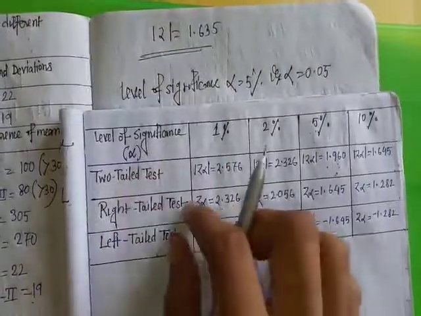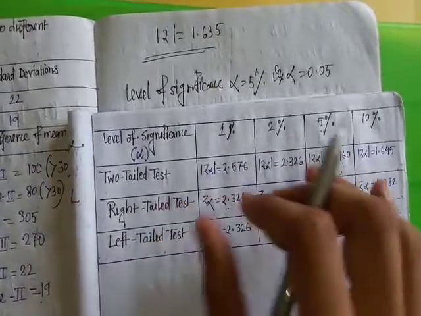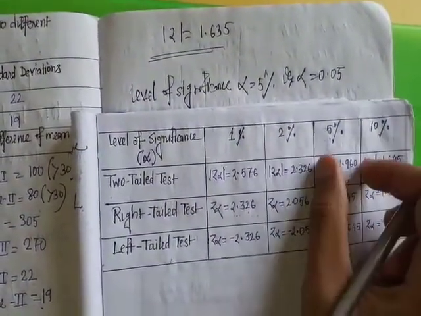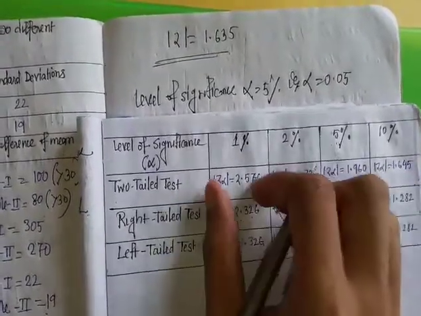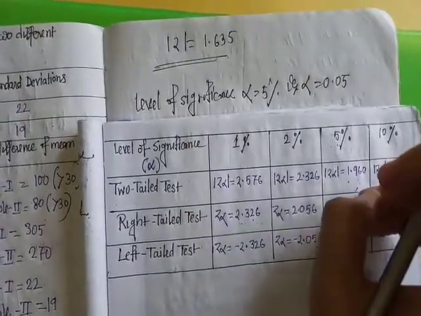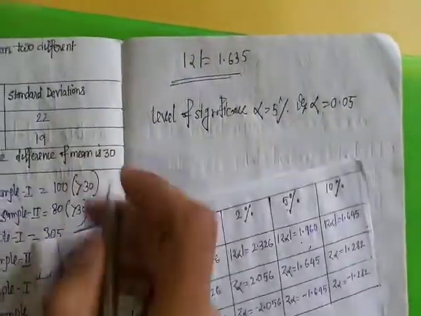Now the critical value of z at 5% level of significance for a two-tailed test is 1.960.